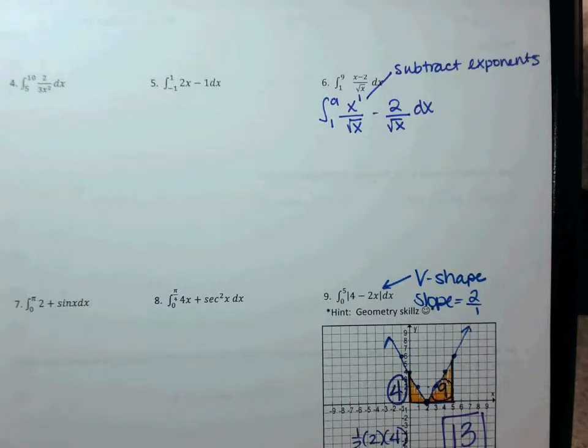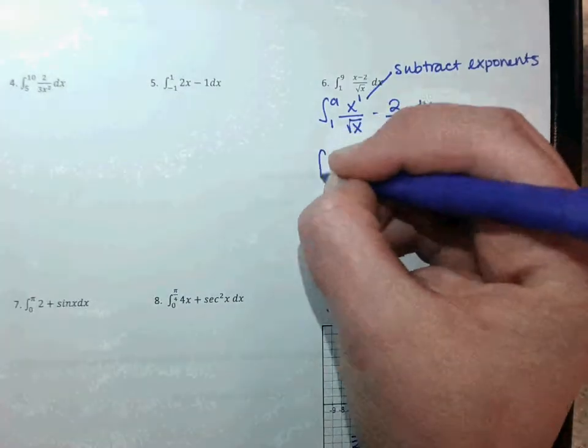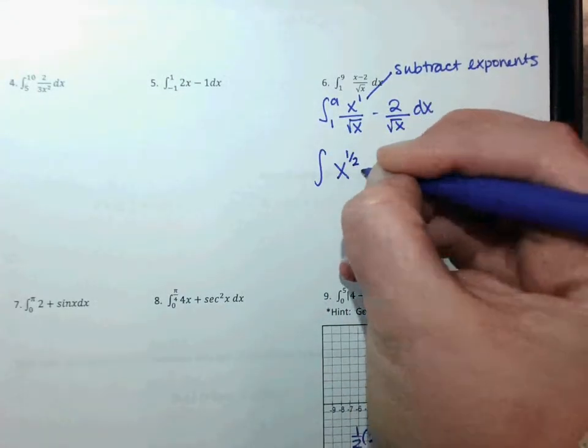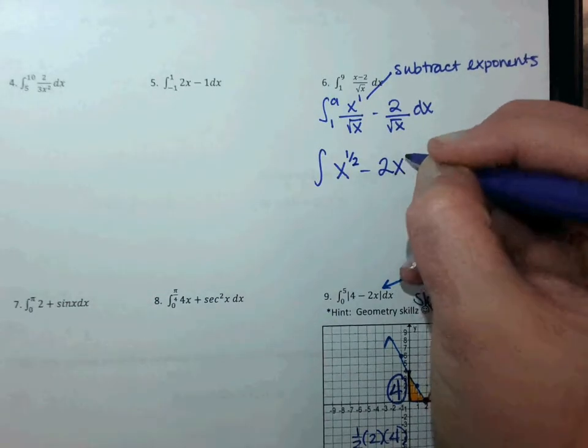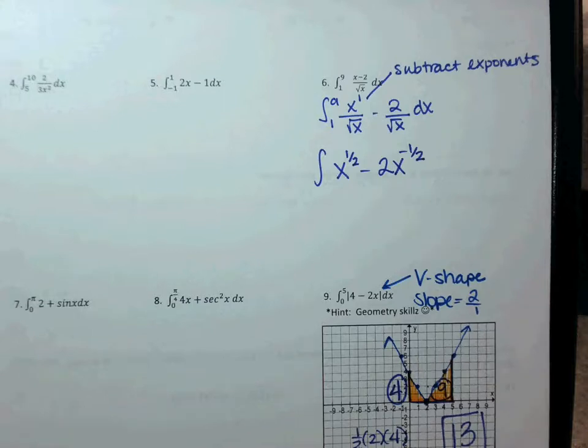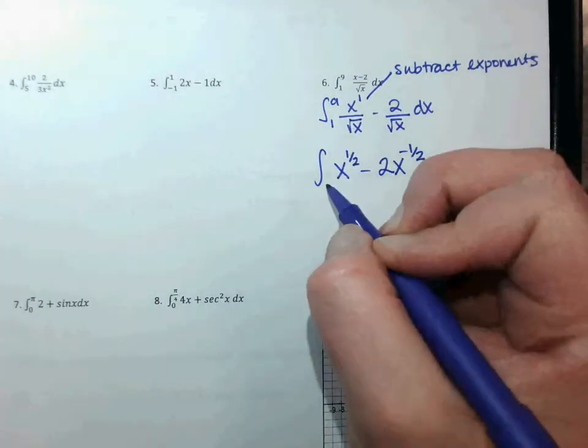You have a half x on bottom. What is going to be left over? x to the 1/2. How am I going to rewrite the second x? The power on it, if it's a 1/2 on the bottom. Negative 1/2. Very good.